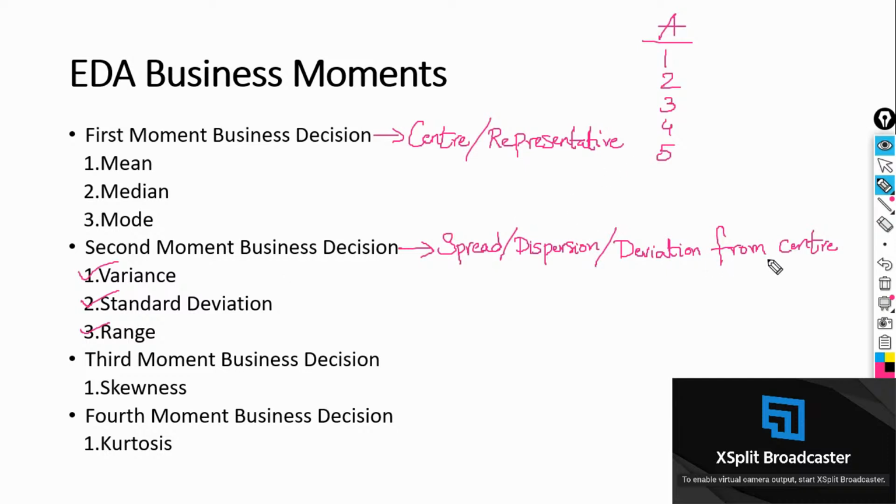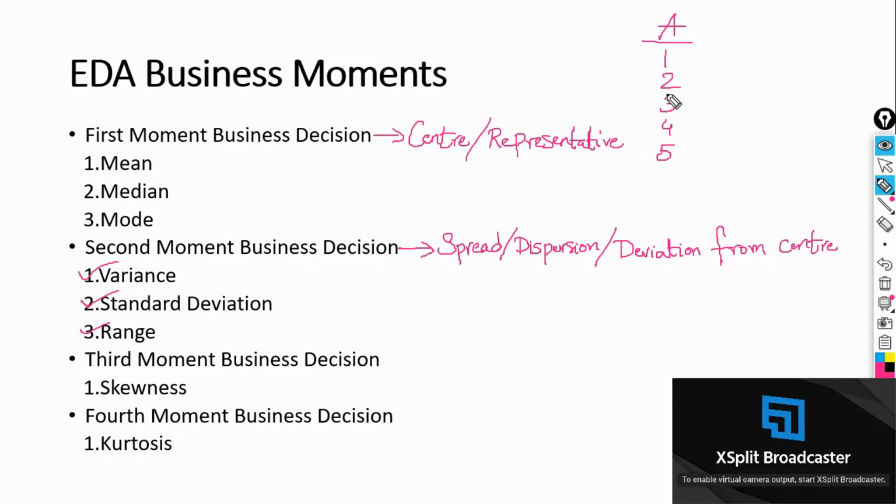Okay. So the question is, what is the spread from the center? First of all, what is the representative value for my data? If I ask you to calculate the representative value for my marks, what will be the output? What will be the center value? How do we get the center value? Again, I have to measure either mean, median, or mode. But in this case, since I don't have any outliers, obviously mean will be my center value.